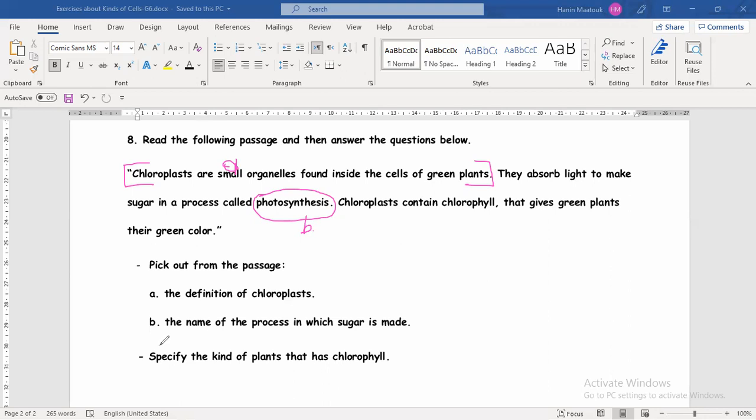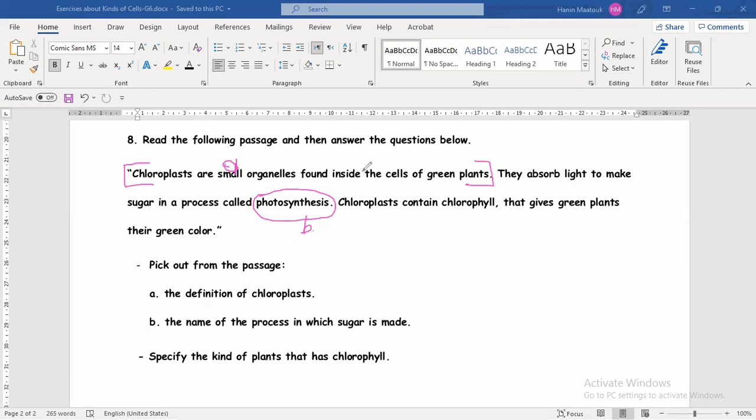Last question: specify the kind of plants that have chlorophyll. If you pay attention, I didn't say pick out, because if we read the paragraph again, we will not find the answer, but we will find a hint in the paragraph. So let's read it. Chloroplasts are small organelles found inside the cells of green plants.